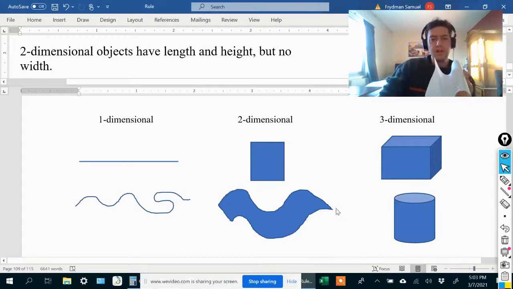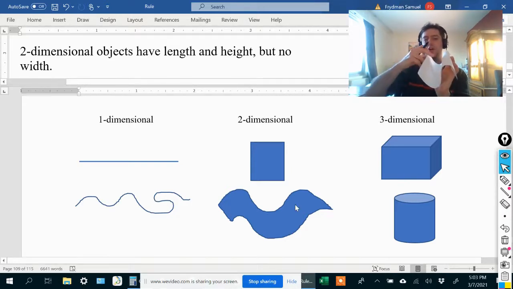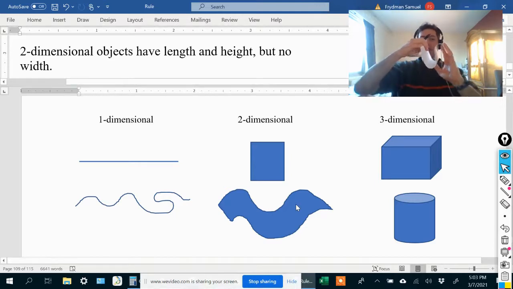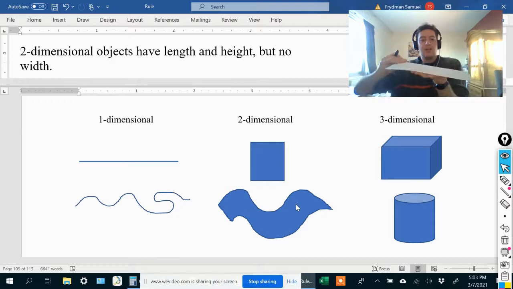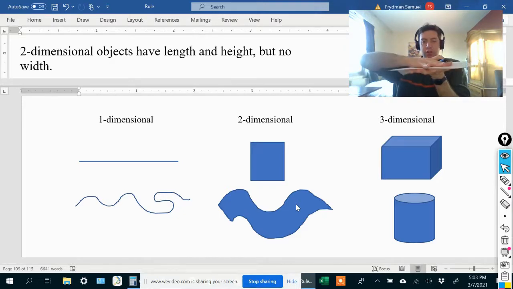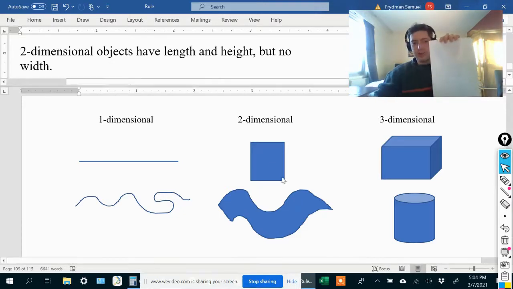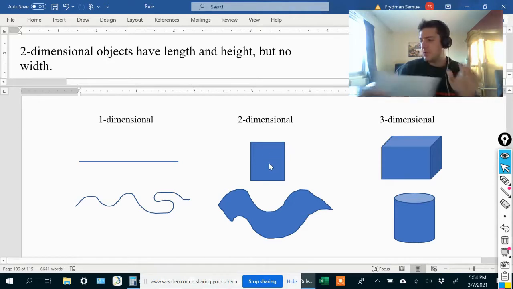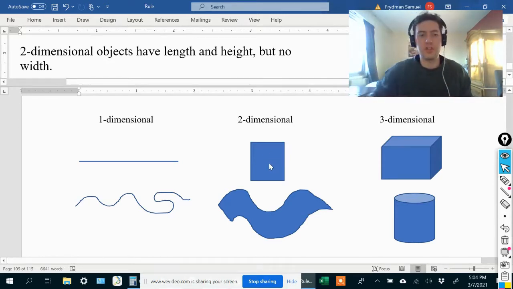Well, just very similar to how this was a one-dimensional object in two-dimensional space, this over here is still a two-dimensional object, even though it is waving around in three-dimensional space. Okay, the object itself, this piece of paper, is still just two-dimensional. If I wanted to, I could pull it out like this and just flatten it out, and then it would look just like this rectangle over here. Okay, so it is still two-dimensional.